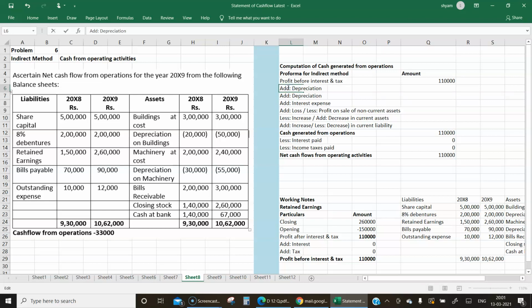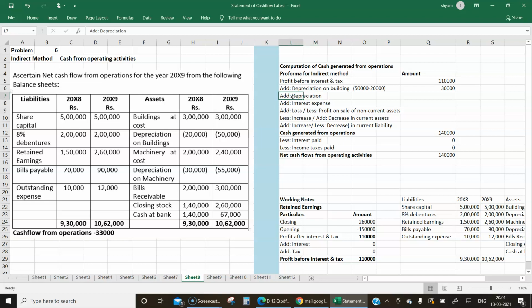So depreciation on building, okay, the difference between the two numbers seems to be 50,000 minus 20,000. So that comes to 30,000 that we have to add back.